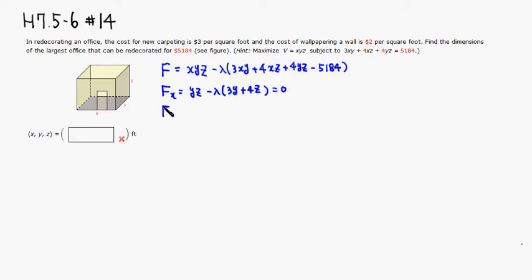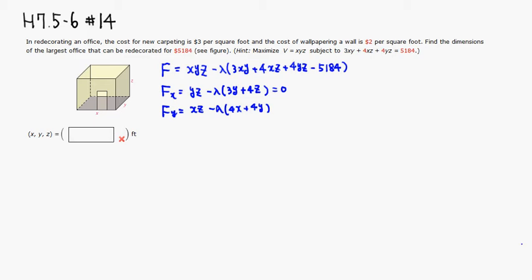And the partial of capital F with respect to y would be xz minus lambda, just a constant. Actually, I think I made a mistake here.